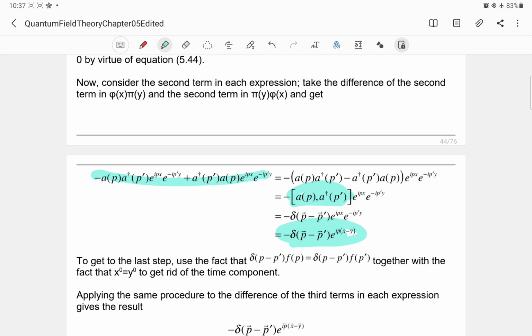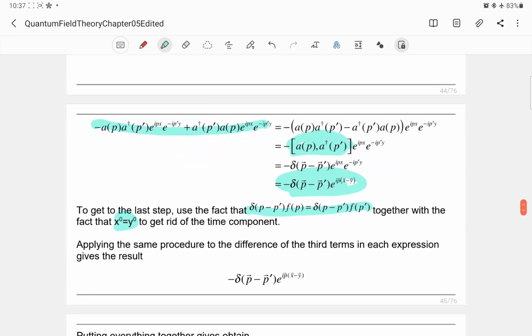And use the fact that the Dirac delta function has this property, and of course there's a condition that you also have to consider to get rid of the time component.